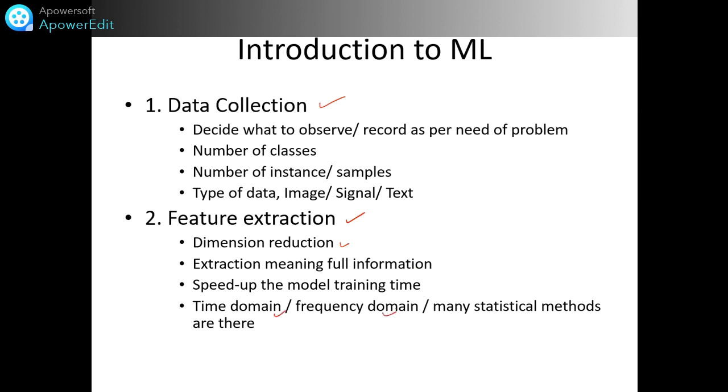Time domain features, frequency domain features, and many other statistical methods are there by which we can easily do the feature extraction. It is just for converting data to a lower dimension and extracting some meaningful information.